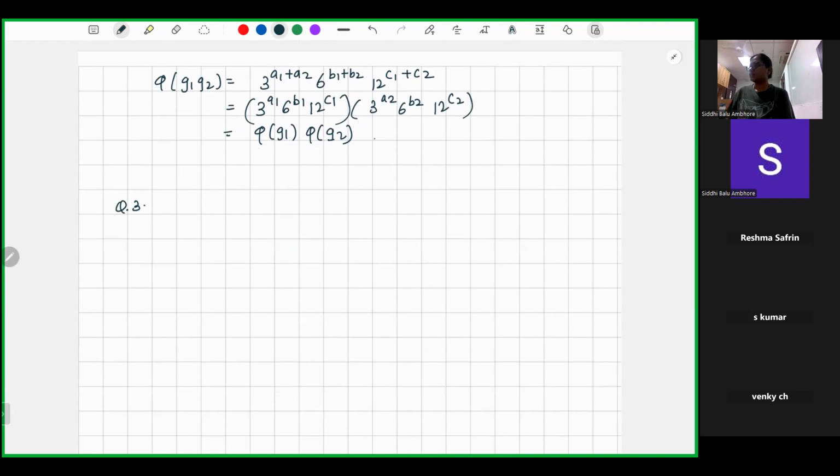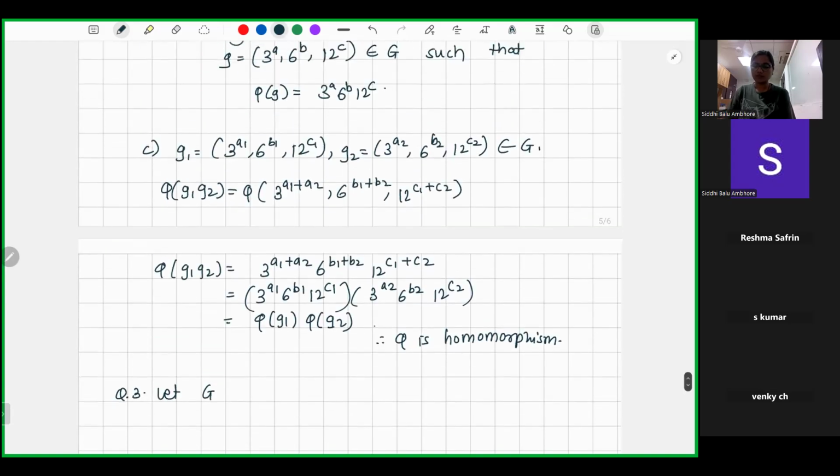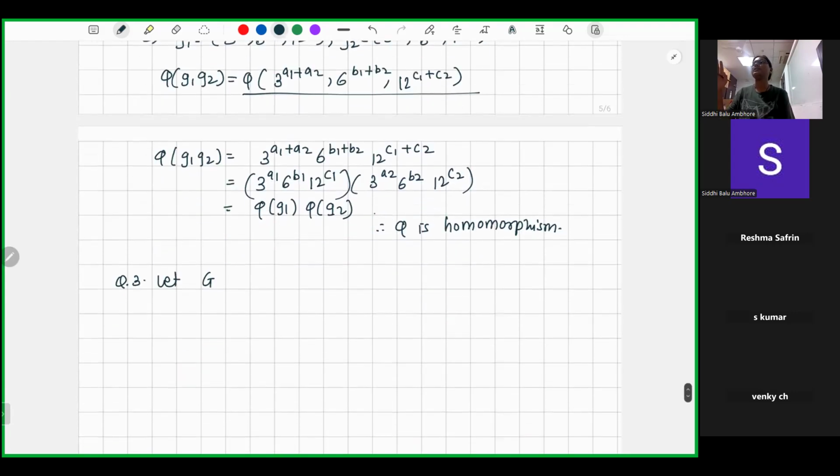Okay. If there is any doubt, please let me know. Otherwise, we will move to therefore phi is homomorphism. I hope this one is also clear, how the multiplication in that group G is working. Okay, it is just component-wise multiplication.